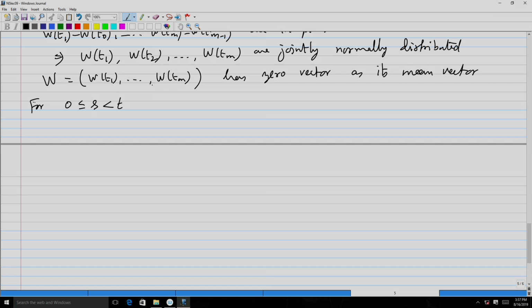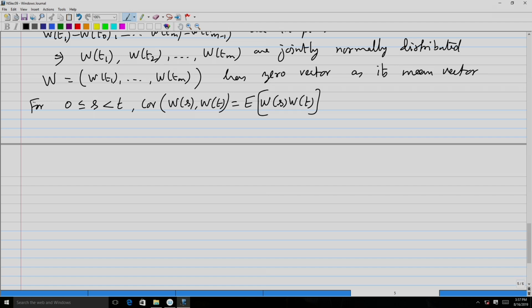you pick an S which is less than T and look at the covariance of these two quantities, W at S and W at T, which, because the mean is 0, boils down to this quantity.